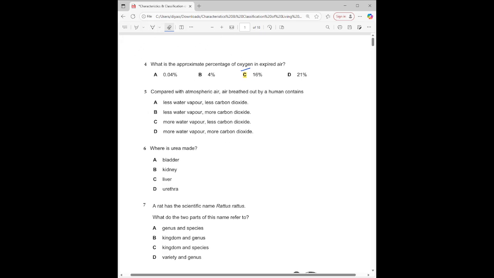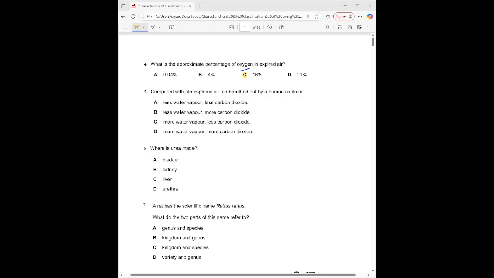The second question we have over here: compared with atmospheric air, air breathed out by a human contains... Let's recall what happens when we breathe.